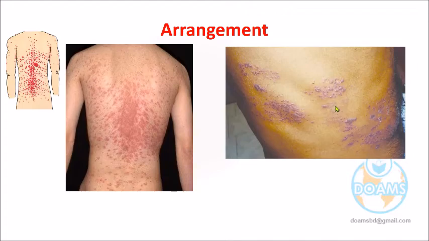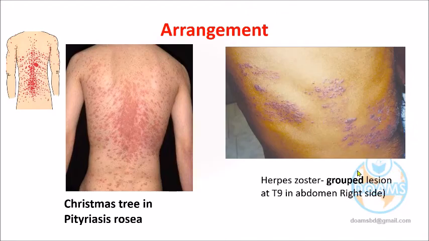Another point is a group. But here, a little diagrammatic picture is also given. What is the meaning of that? It's a fir tree appearance. Wherever the fir tree appearance, the diagnosis is pityriasis rosea. And wherever the group lesion, the diagnosis is herpes zoster.